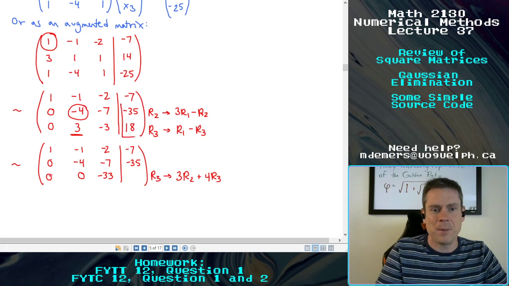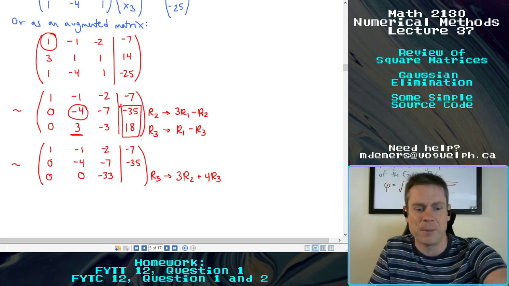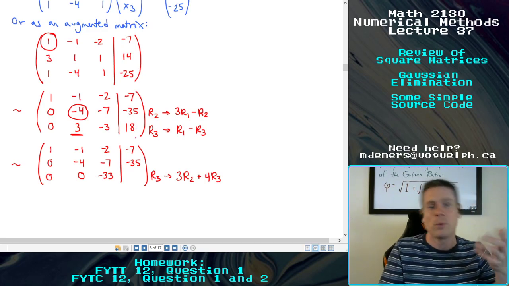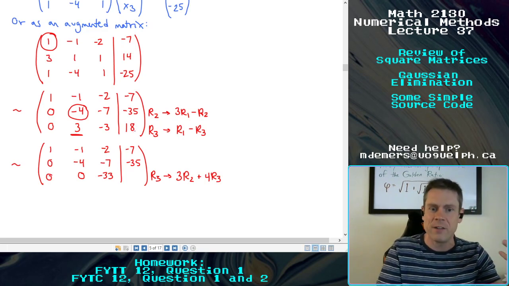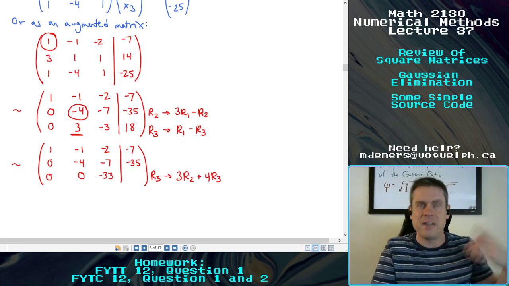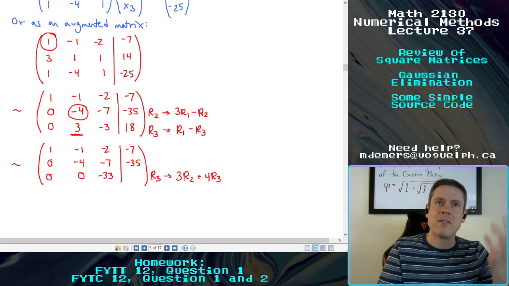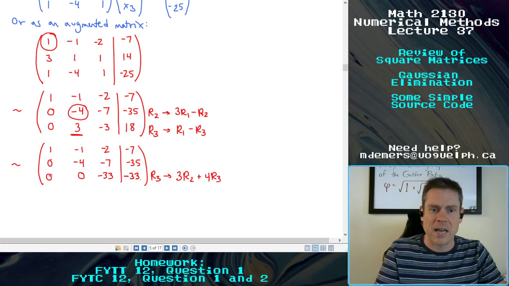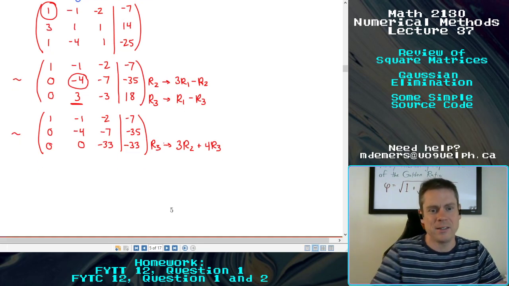This combination starts to get a little bit grisly looking, but it's not so bad. 3 times 35 is minus, or well, the minus 35 is minus 105. We're going to add 4 times 18. 4 times 18 is 72. So minus 105 plus 72, I think it makes 33 on the negative side. And look at that. The numbers work out so nicely.